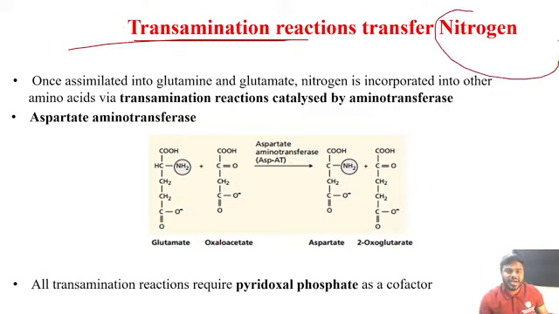Just by the transfer of nitrogen. Because friends, we produced only one or two. We produced glutamine and glutamate, right? But glutamine and glutamate are not the only amino acids. There are many other amino acids also. So we are converting one amino acid to another amino acid by a simplified transamination reaction. Do not forget it.